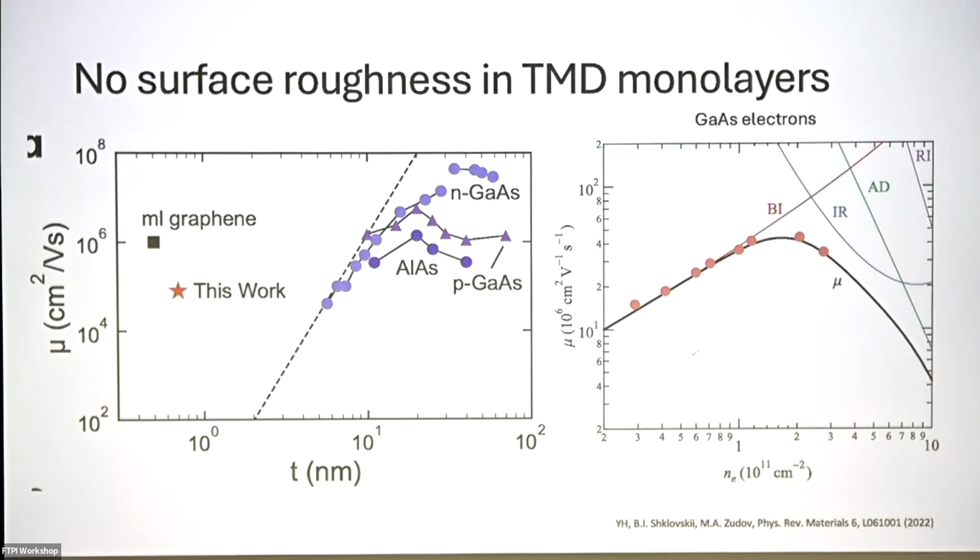We analyzed the best sample Loren Pfeiffer has, and we use Boltzmann transport theory to calculate the mobility as a function of density, and we found that for this kind of sample, the highest mobility is limited by the interface roughness, and it agrees with the trend of thickness to the power 6 predicted by interface roughness scattering. As you can see, this line is the upper bound for all these materials' mobility.